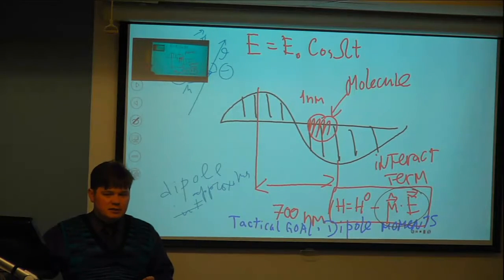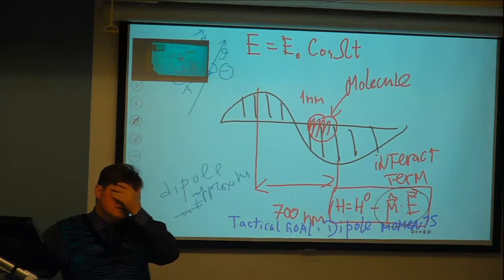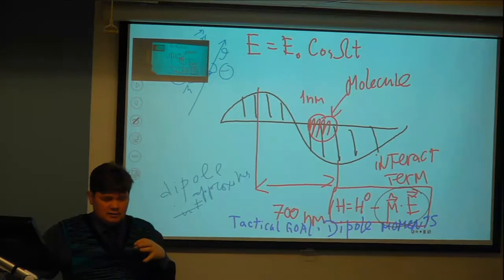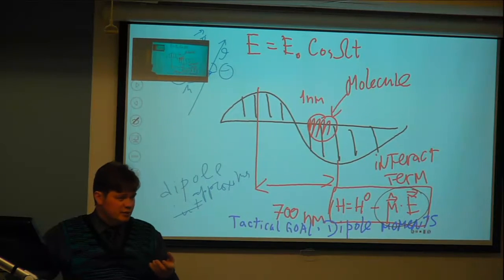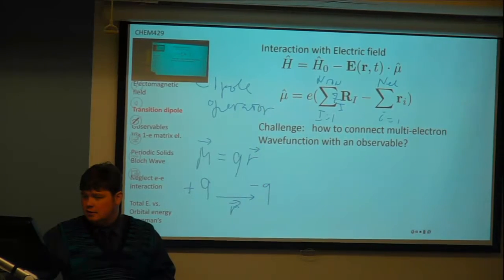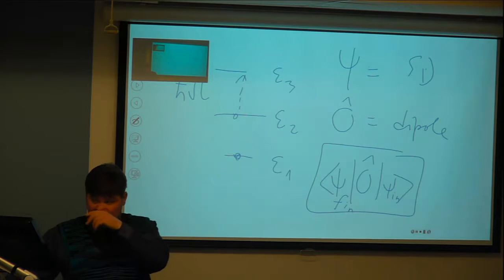And if one needs to describe quantitatively how much the light interacts with matter, which means in the visible range, whether light is absorbed by the molecule or emitted by the molecule, it is characterized by the matrix element of the transition dipole.